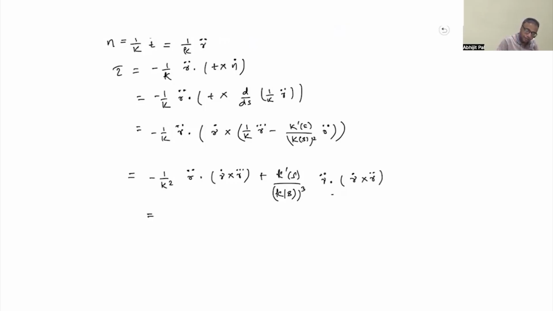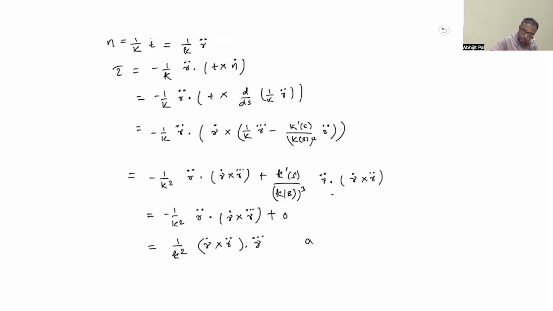So this is minus 1 by k squared γ double dot product with γ dot vector product with γ triple dot, plus 0. Again, you can write this as follows: it is 1 by k squared γ dot vector product with γ double dot product with γ triple dot.